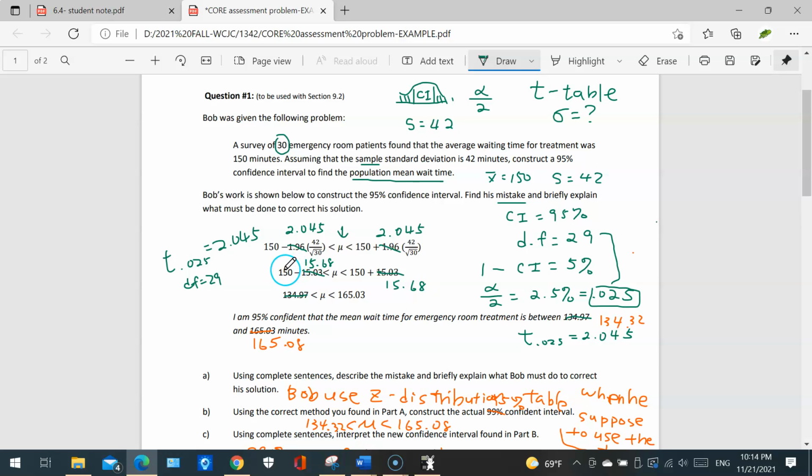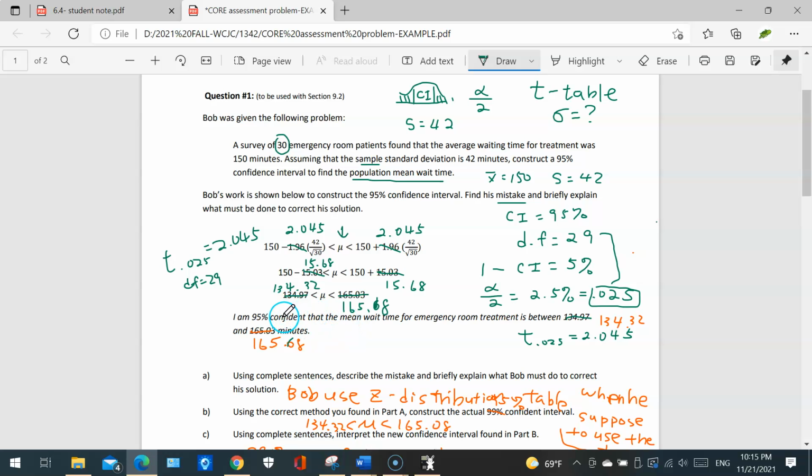And then you use the 115 to plus or minus this number, and you get the lower bound of the confidence interval, which is 99.32... the lower bound is 134.32, and the upper bound is 165.68.